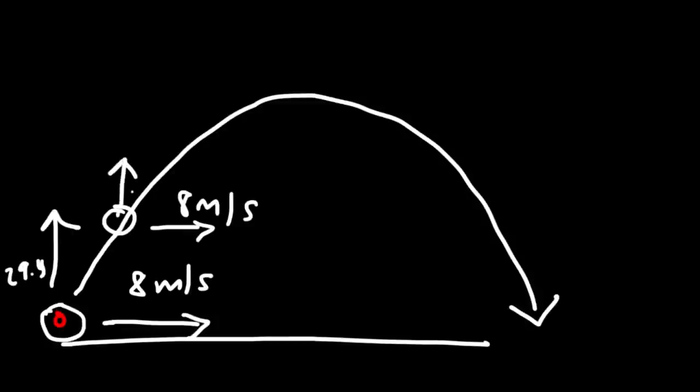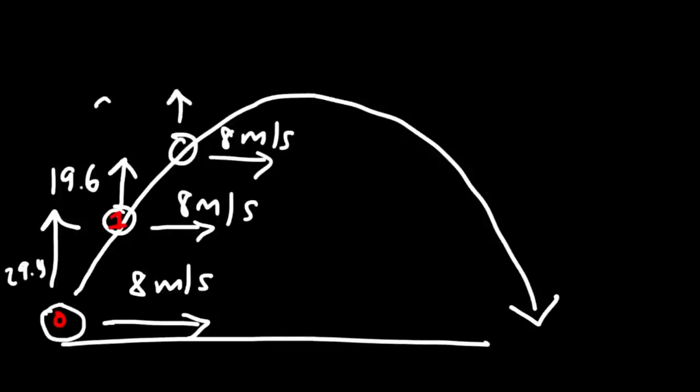Vy is going to decrease by 9.8 meters per second every second. Gravitational acceleration affects Vy, but not Vx. So this is going to be 19.6 1 second later.